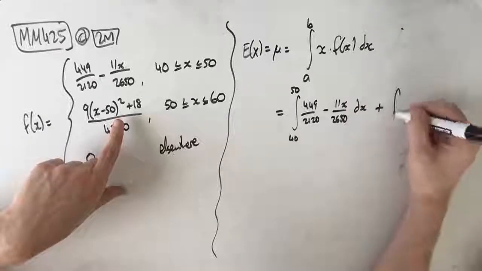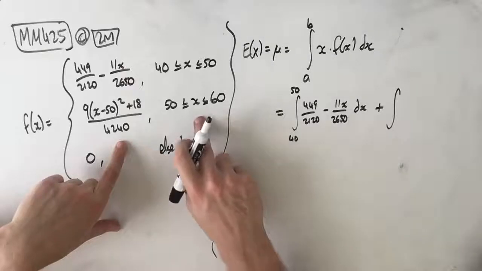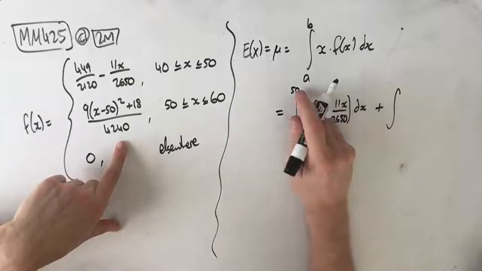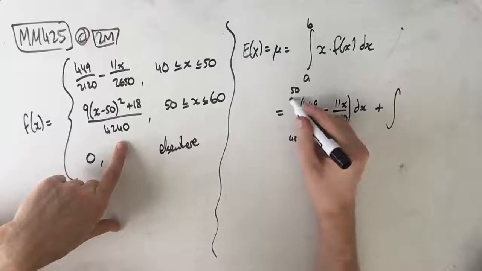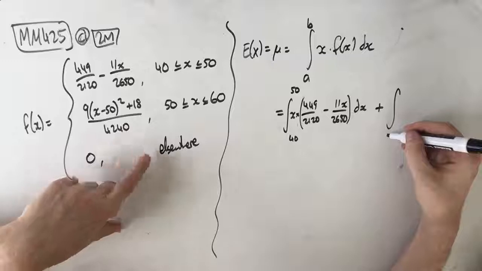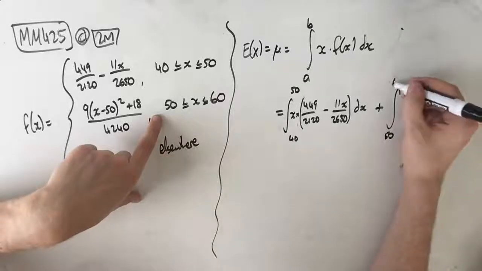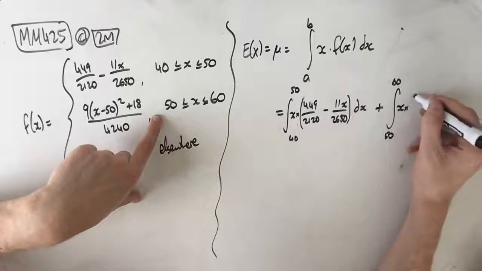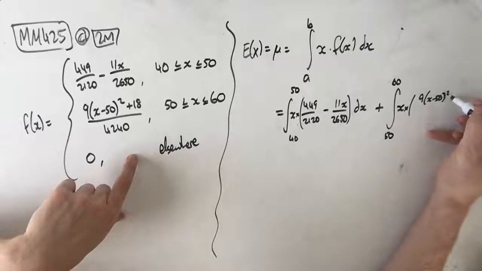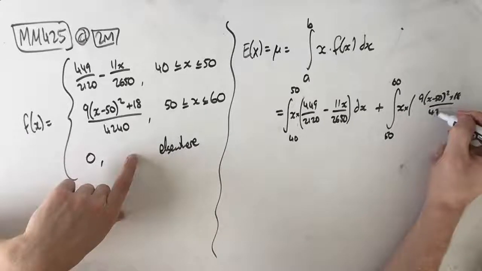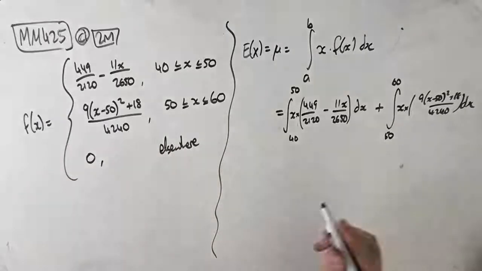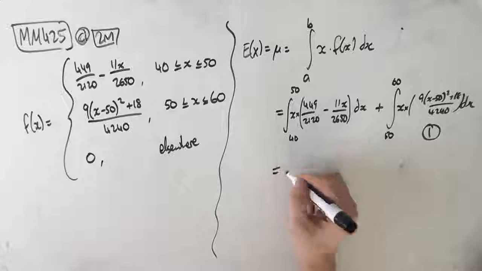And then we plus our mean of the other one. Actually, this needs to be times x, my bad. Times x times that. And then we have our other one, which is 50 to 60 of x times 9x take 50 squared plus 18 over 4240. That's dx. Now, that's our first mark, setting that up.